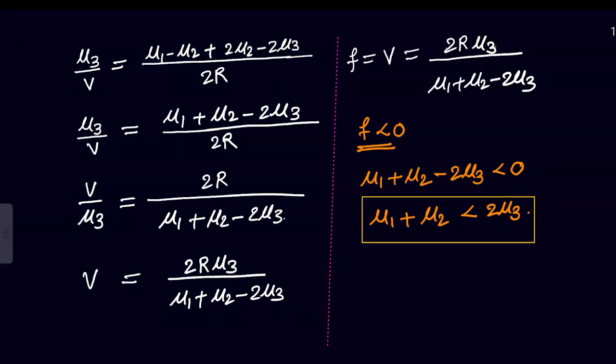It can never be negative. The minimum value of refractive index is 1. It may be greater than 1, but never less than 1, and never negative.